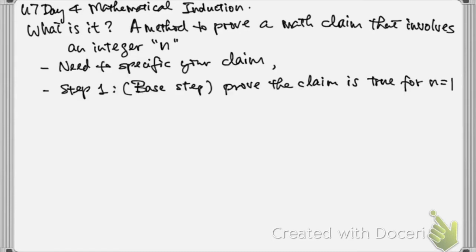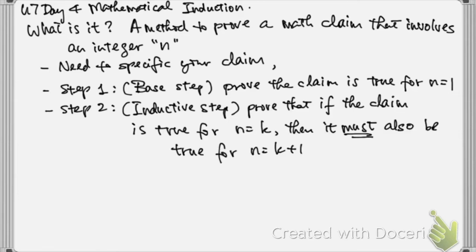So obviously we need to specify our claim, and after that, step one, which is called the base step, is to prove the claim is true for n equal to 1. Then step two, which is called the inductive step, is to prove that if the claim is true for n equal to k, then it must also be true for n equal to k plus 1.